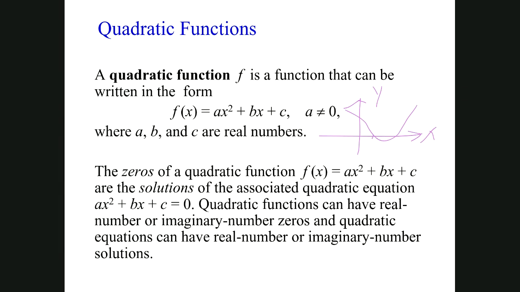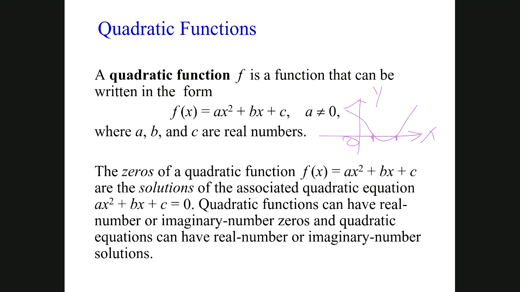This is y equals 0. This is called the x-intercept. Remember from chapter 1, when y equals 0, that's finding the x-intercept.